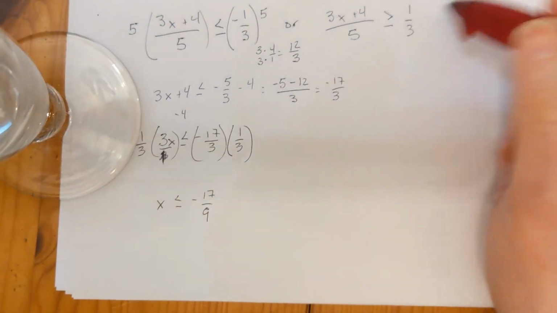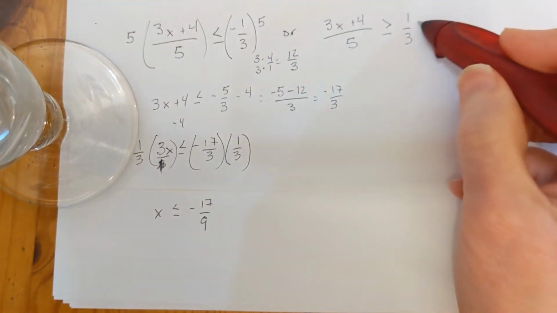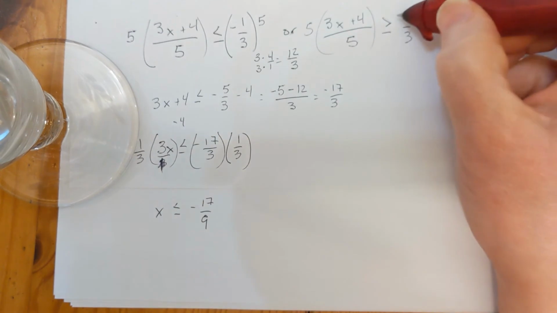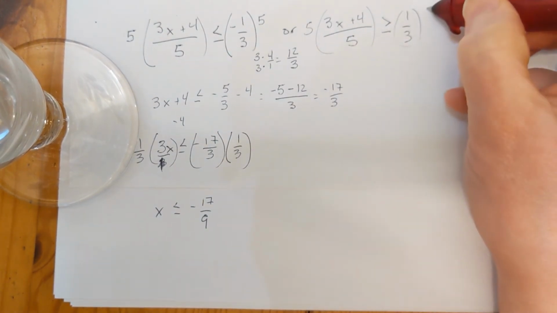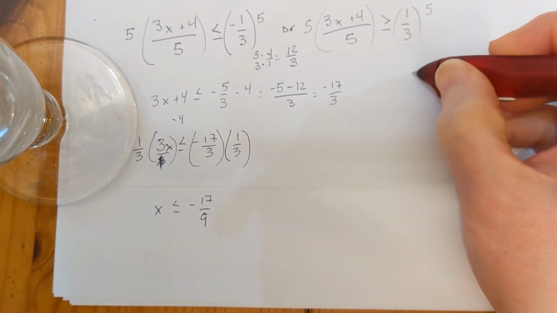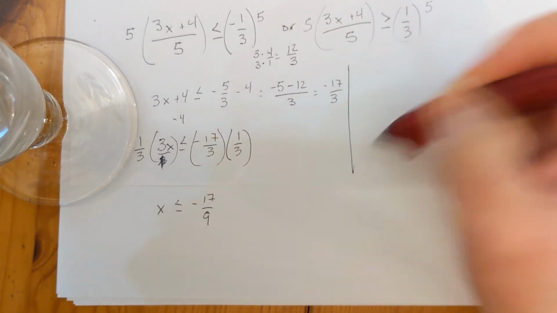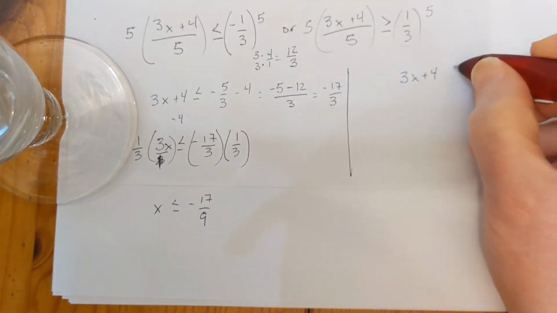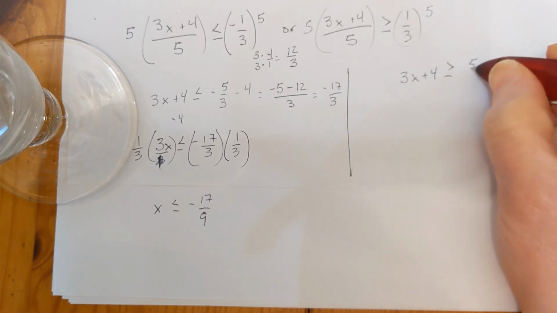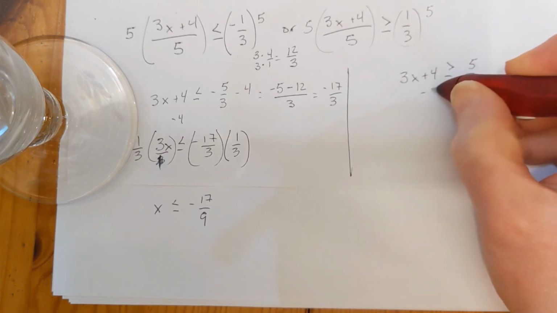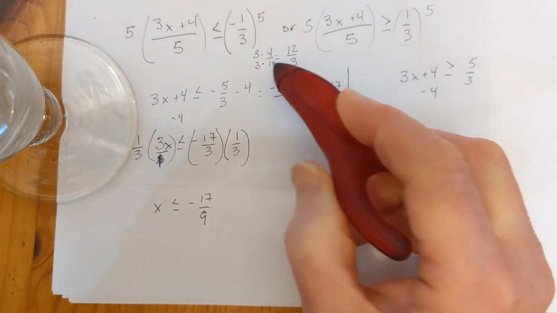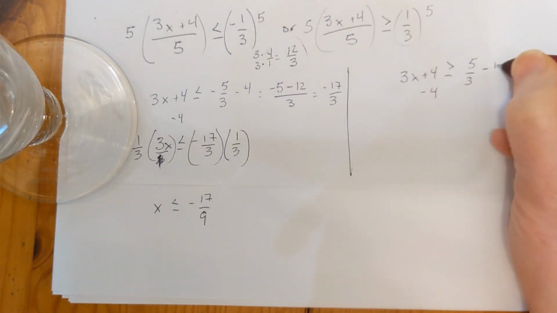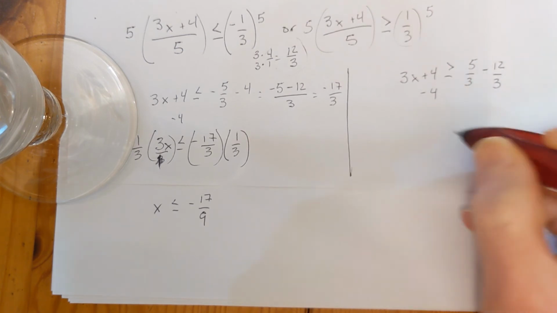And then I'm going to solve this side. Over here, the first thing I need to do, again, is multiply both sides by 5. That will give me 3x plus 4 is greater than or equal to 5/3. I'm going to subtract 4. I already changed it to an equivalent fraction over here, so I'm going to subtract 12/3 from this side.